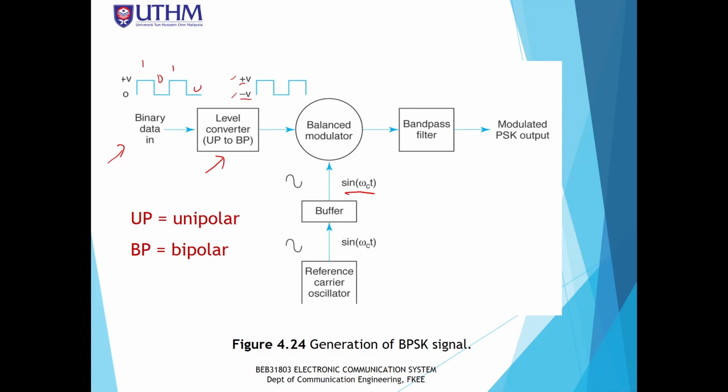Since we have a sine wave multiplied with positive or negative voltage, assuming the level is positive 1 and negative 1, we're going to produce positive sine omega ct or negative sine omega ct at the output of the balanced modulator.